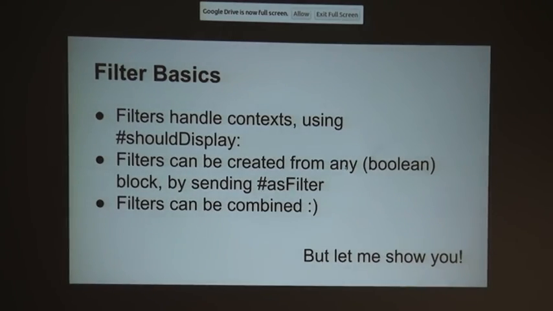Basically, the filters handle contexts. They don't handle the whole stack, just one element of the stack. And they know if a given context should be displayed or not. We also have filters that can be created from any block by sending asFilter. And filters can be combined in a simple way. So I'm going to show you a little bit.